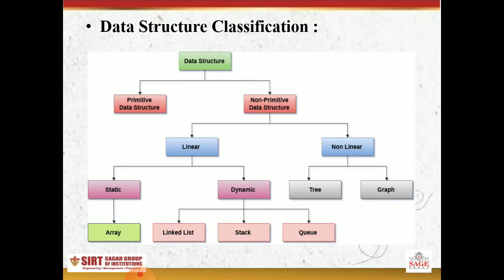In non-primitive data structure, there are also two types: linear and non-linear. In linear data structure, there are also two types: static and dynamic. In the static type, array, and in the dynamic type, linked list, stack, and queue. And in non-linear data structure, we learn tree and graph. Okay, so remember this diagram. This is the most important diagram.